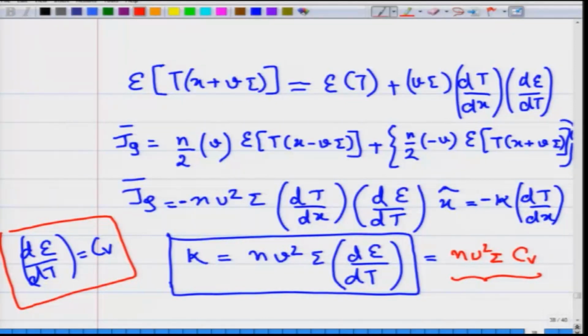You can also work it out for the 3-dimensional case, and if you work it out for the 3-dimensional case, now this is the thermal conductivity in the x direction, you will get a thermal conductivity in the y direction, you will get a thermal conductivity in the z direction.